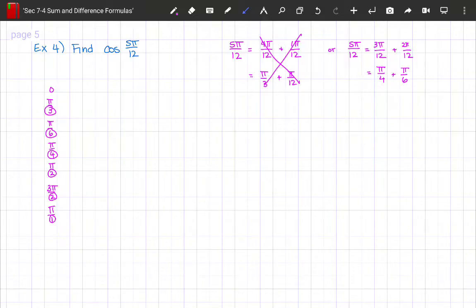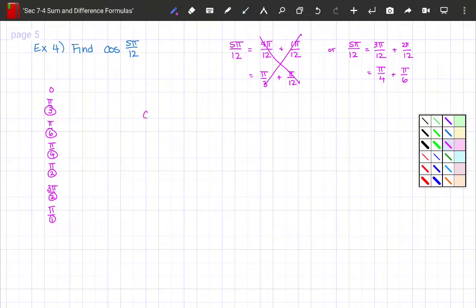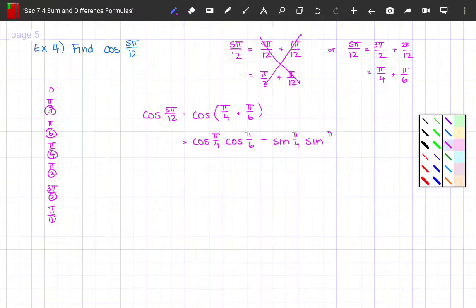So now that I have that, let's just go ahead and do it. So we have cosine of 5 pi over 12 is equal to the cosine of pi over 4 plus pi over 6. And then looking at our sum formula for cosine, it's cosine u, cosine v, minus sine u, sine v.